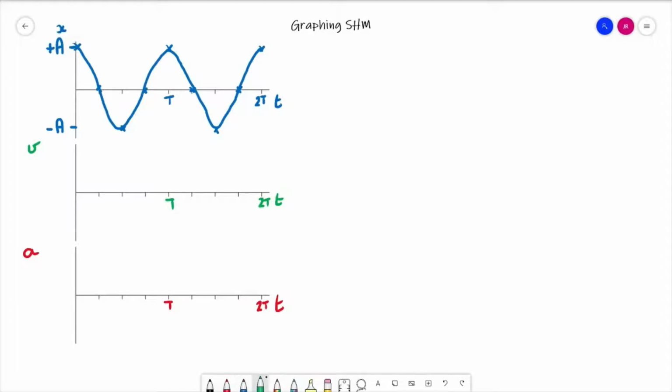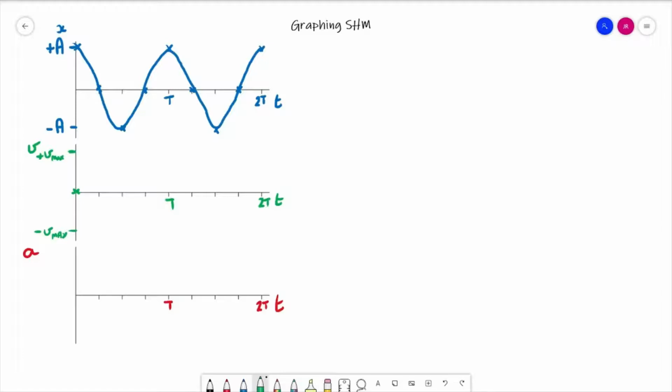Moving on to velocity then, so once again we can put on positive V max, and we can put on negative V max onto our graph straight away. On the previous slide then we said that when A is at positive amplitude, velocity will be 0, and in fact every time we hit one of the amplitude positions, whether it be positive or negative, velocity will always be 0.